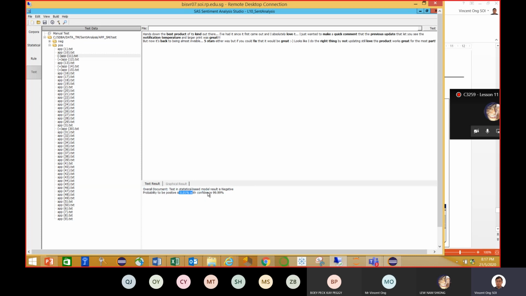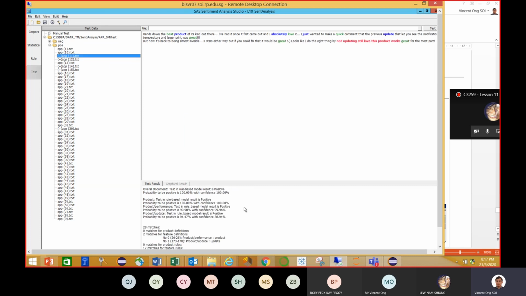That means it's negative. I don't know whether, if I run the rule base, it says it is positive, but I think it's because the weightage is negative. So that's why I say for one document, a stats model will probably be better.